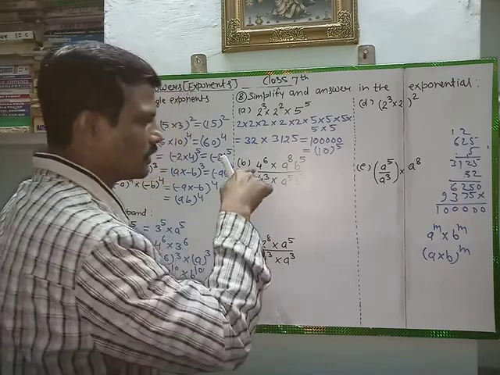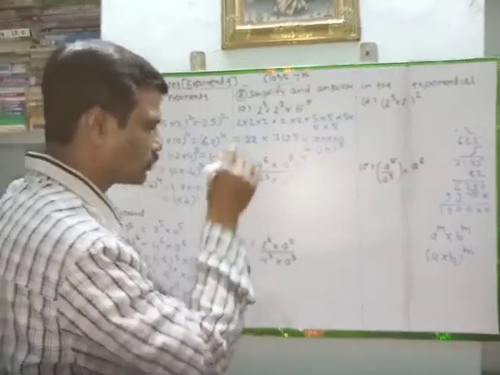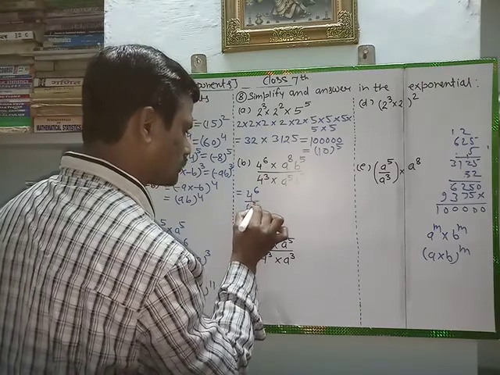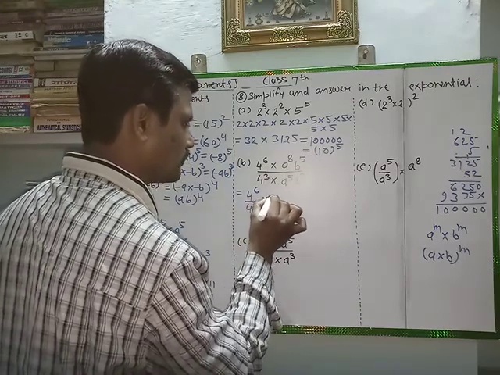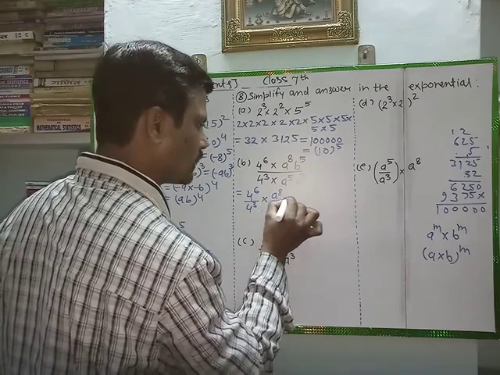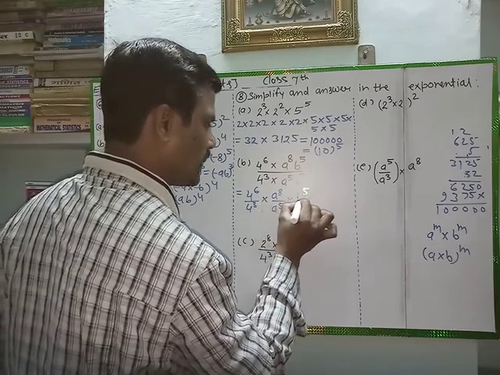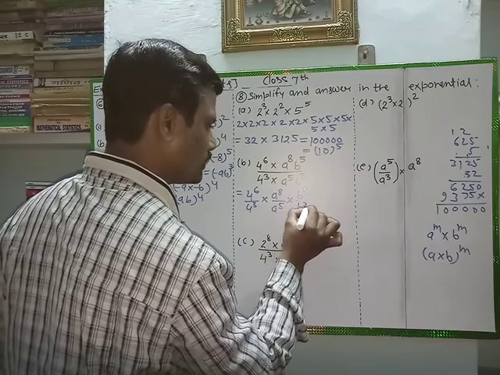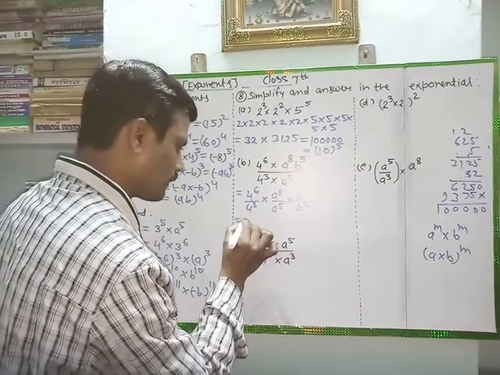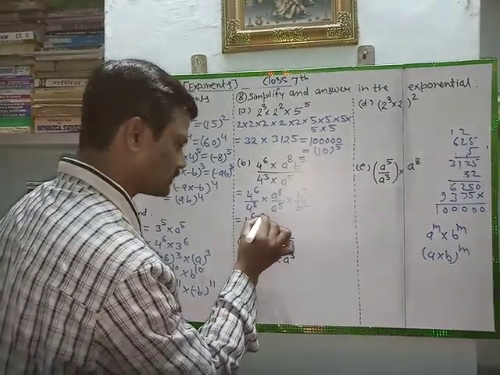4 to the power 6 upon 4 to the power 3. Separate these. 4 to the power 6 multiply with a to the power 8 upon a to the power 5 multiply with b to the power 5 upon b to the power 2. Okay, so you can write 4 to the power 6 minus 3.